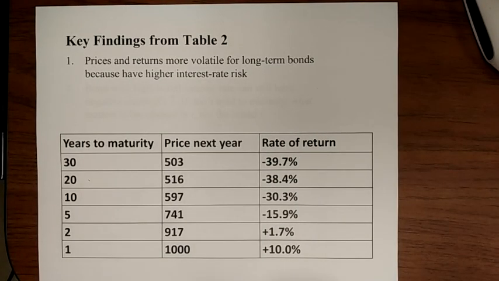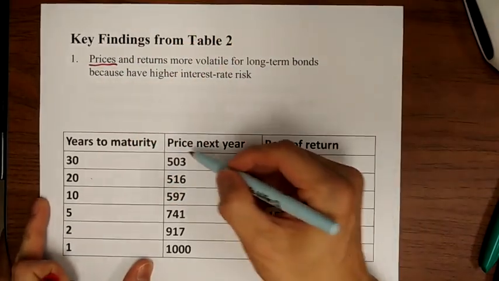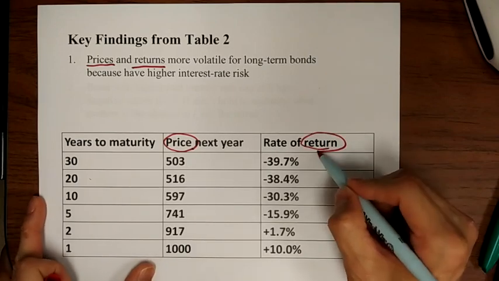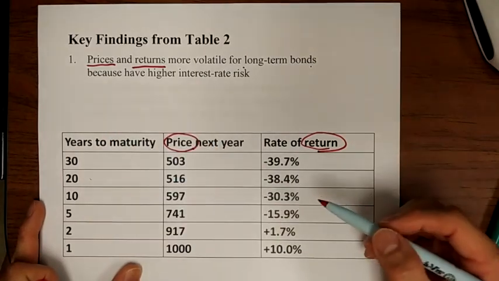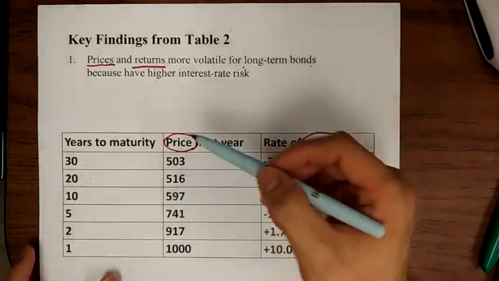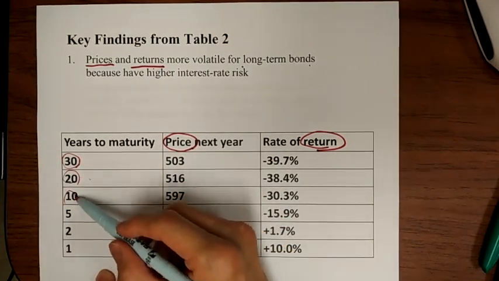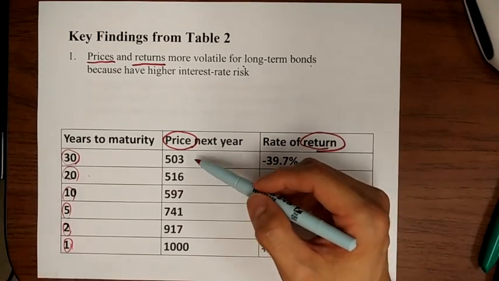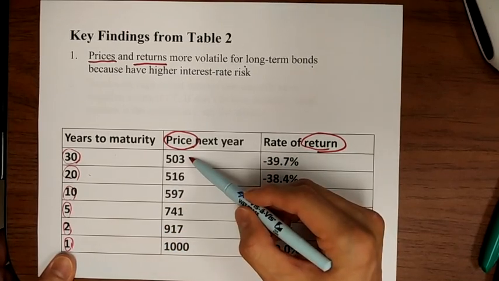Key findings on this table. The first one, price and returns are more volatile for longer-term bonds. See, the price of a 30-year bond fluctuates from 1,000 to 503.